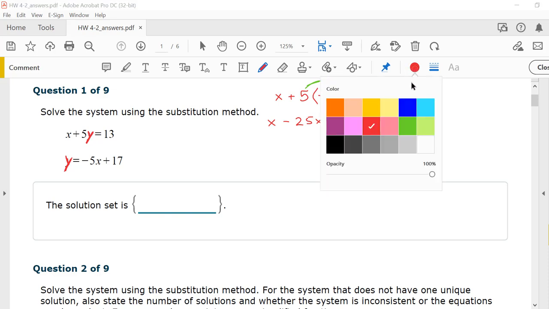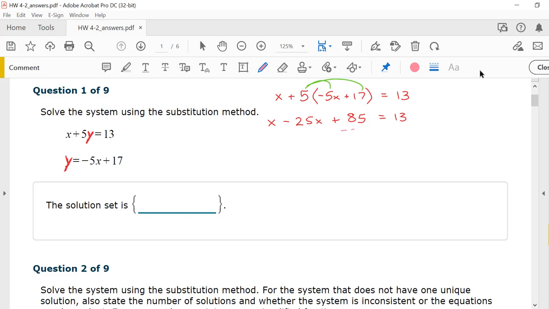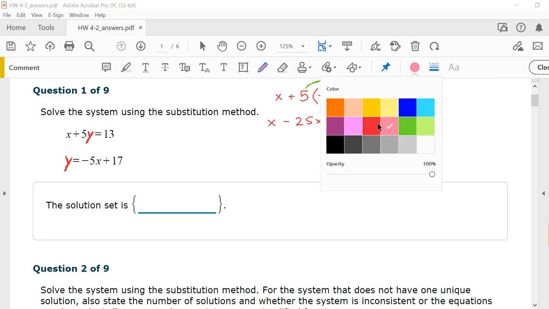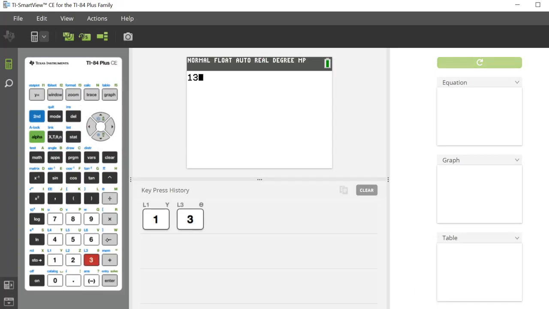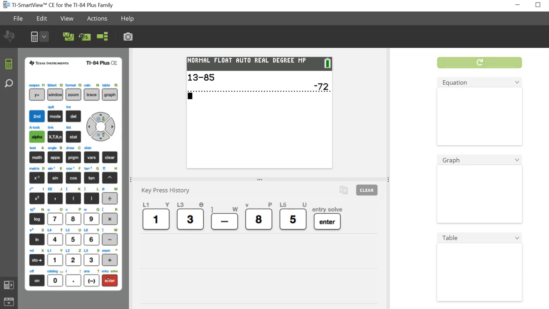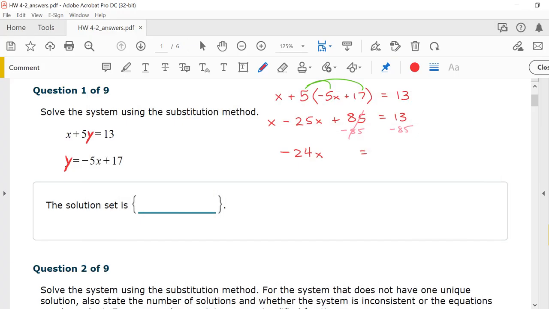Next, I want to subtract 85 from both sides. So x minus 25x, which is negative 24x, will equal 13 minus 85, which is negative 72.